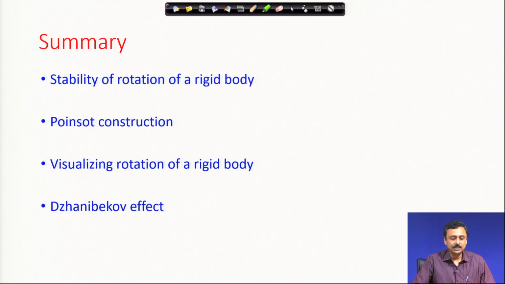Poinsot construction gives us that. We have visualized the rotation of a rigid body, and we have also looked at the major axis theorem, which applies to flexible bodies with internal damping. Finally, I have shown you the Zhanibekov effect, which is observed in space, and the simulation replicates that effect. With that, I will close this lecture.